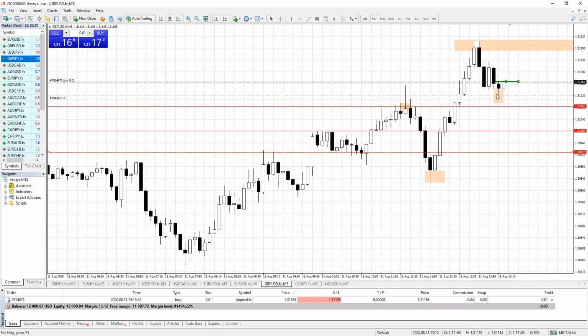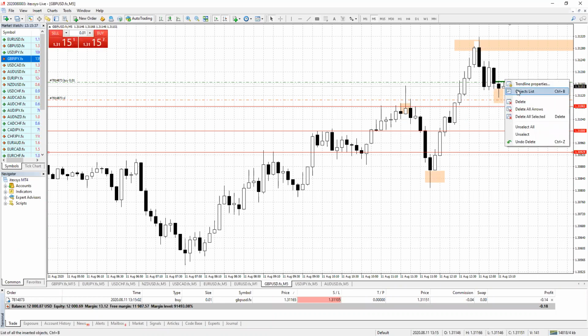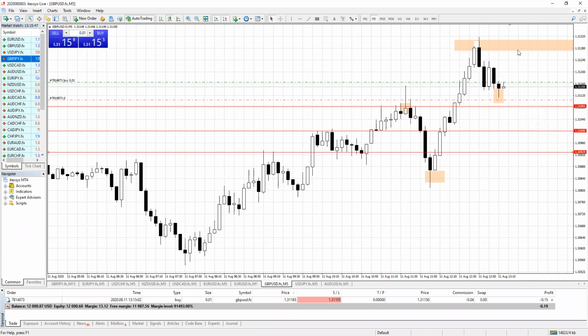And this might form a new pivot, but I don't know if this will be a pivot until the close of this next bar. If this bar breaks the top of the previous bars and goes up, I would be very happy with that. If it goes down, I need to see how price forms, because if it breaks the pivot, the tail of this bar, all my setup invalidates. So we need to wait a little bit.